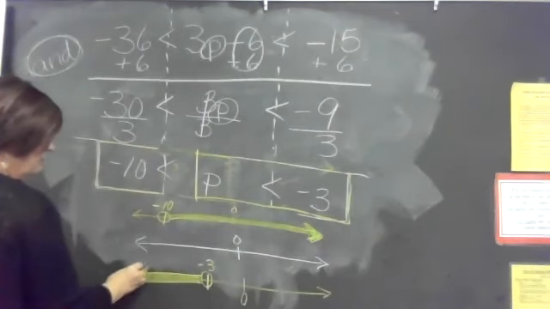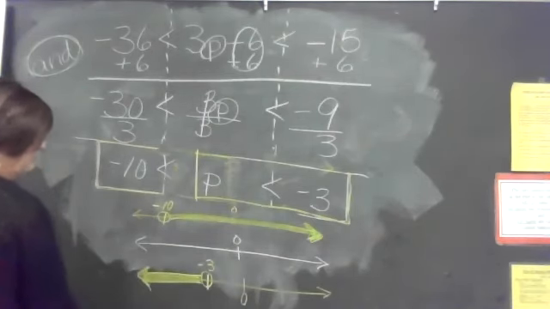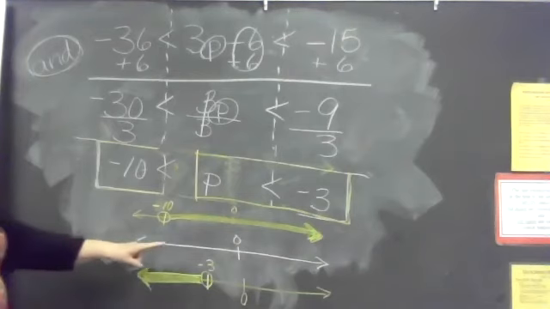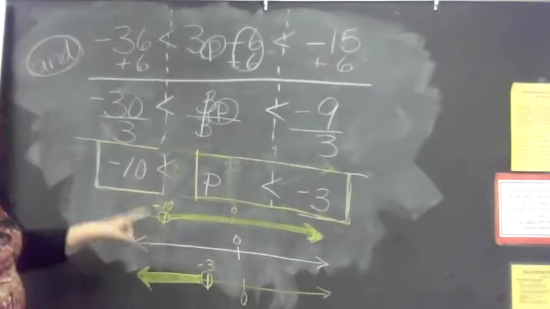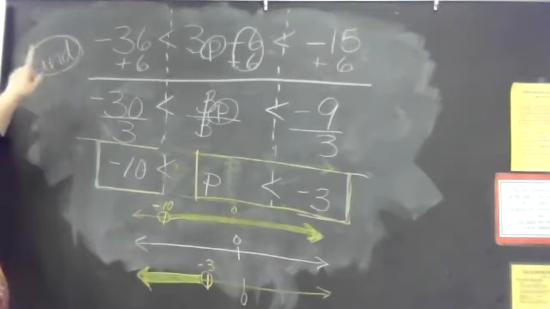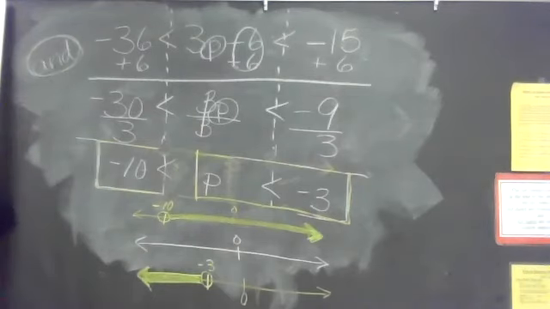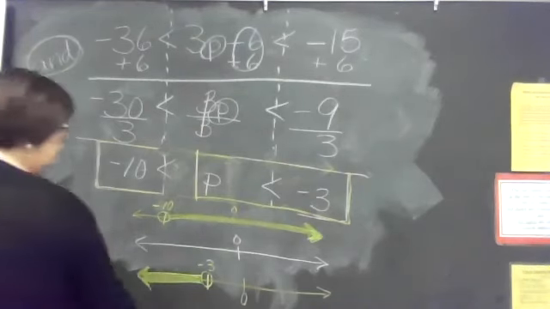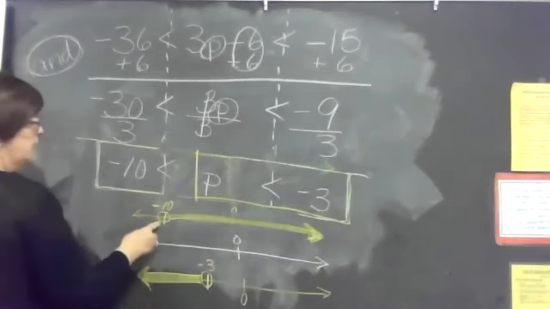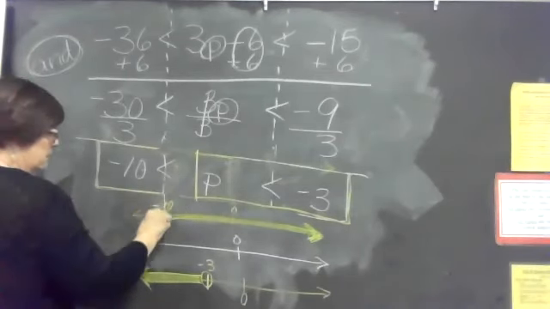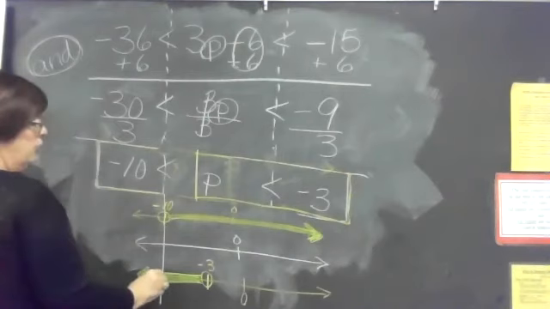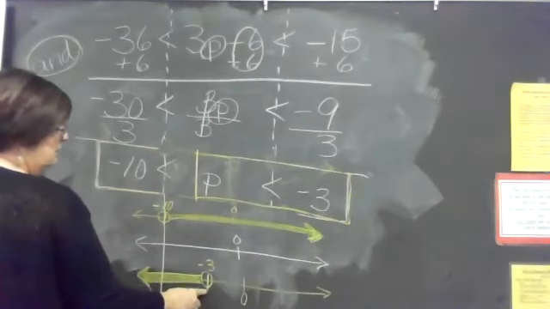Now that's not the end all. Before we give our final answer, we need to decide, am I going to graph the overlap or am I going to graph everything? The overlap. I'm doing the overlap. So I look at the smallest place here and the largest place.